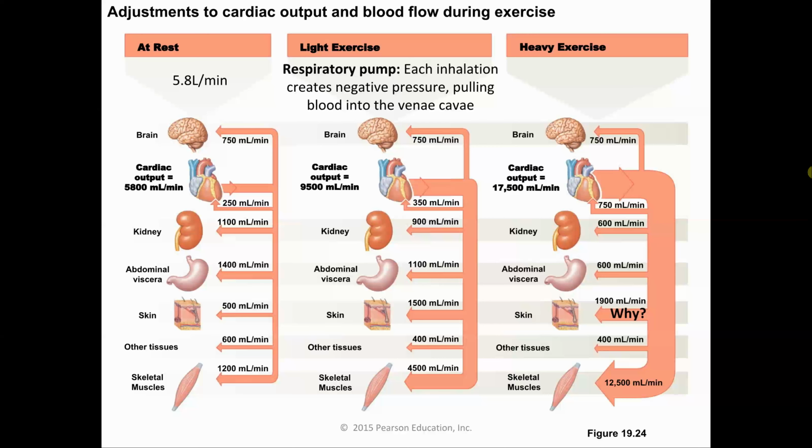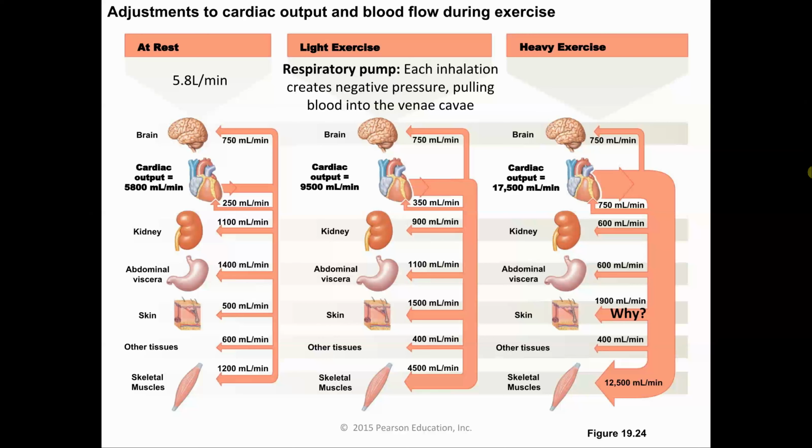Stroke volume, and what's going to increase your stroke volume? There's lots of right answers. Your muscles needing more oxygen, so you'll have a hormone response. It's going to increase that. Sympathetic response. Blood pressure. The sympathetic response is going to affect blood pressure.